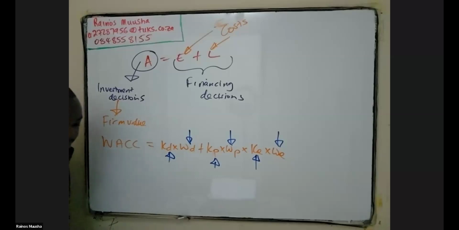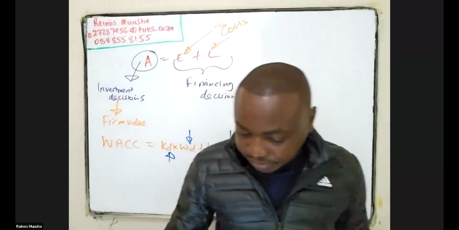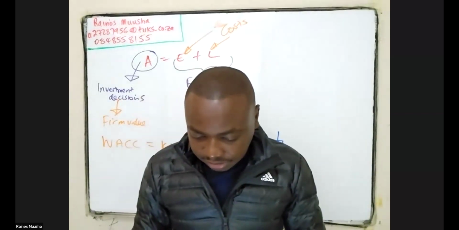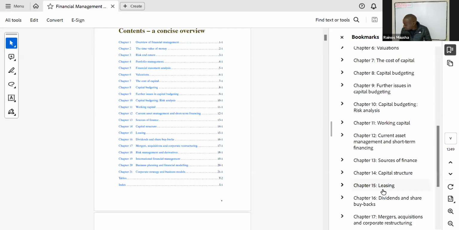So that's chapters 13 and 14 of the textbook. Moving on to chapter 15. Chapter 15 looks at leases. What you need to take note of is that there are two ways the lecturer can bring you a question on leases in the exam.